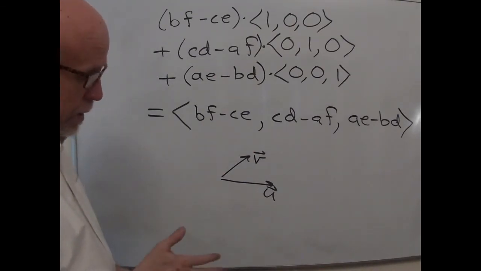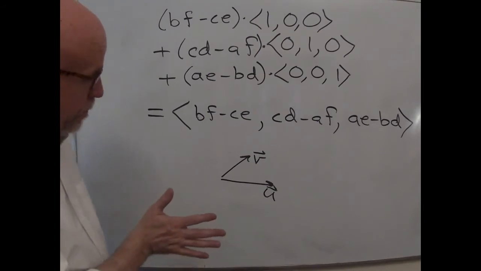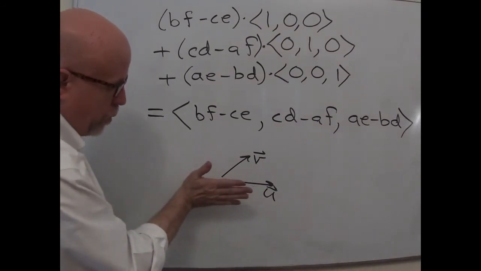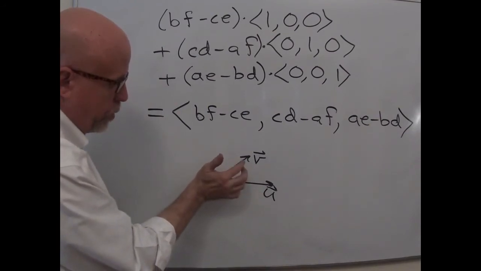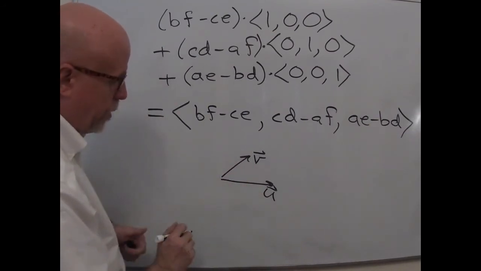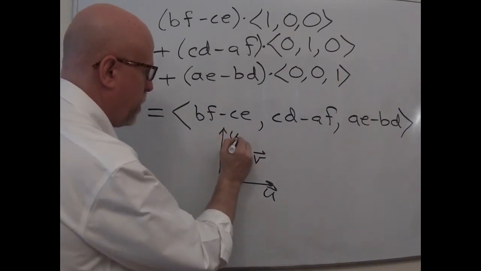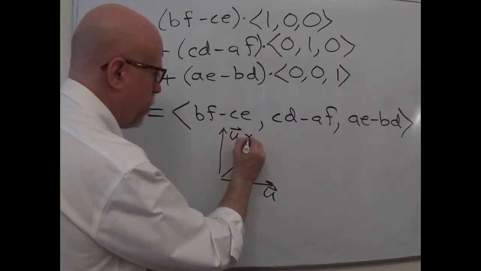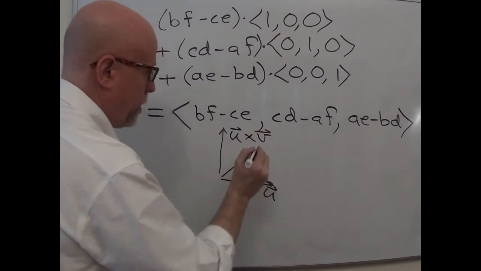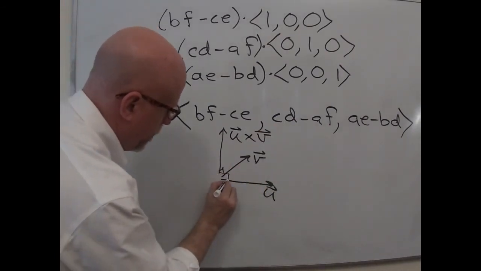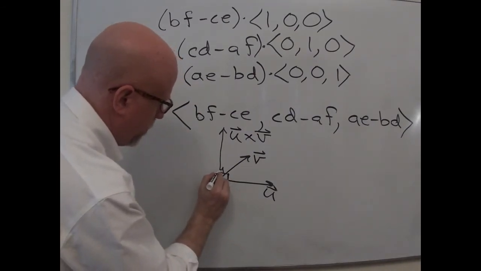Their cross product is perpendicular to both of them. It turns out it's a right-hand rule kind of thing. You point your fingers down U, you curl them towards V, and your thumb will point in the direction of the new vector. So your new vector will be perpendicular to both. This is U cross V. That's a cool fact. They don't look like it, but that's perpendicular and that's perpendicular. It's just because of the projection, right?